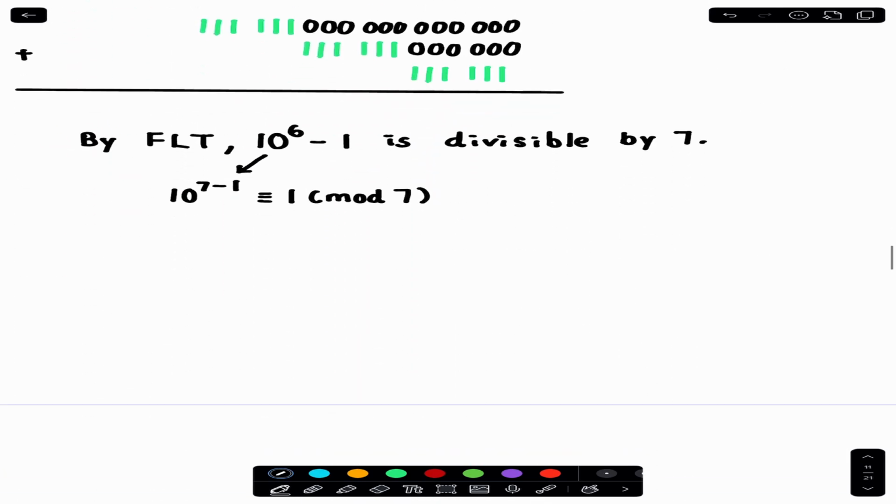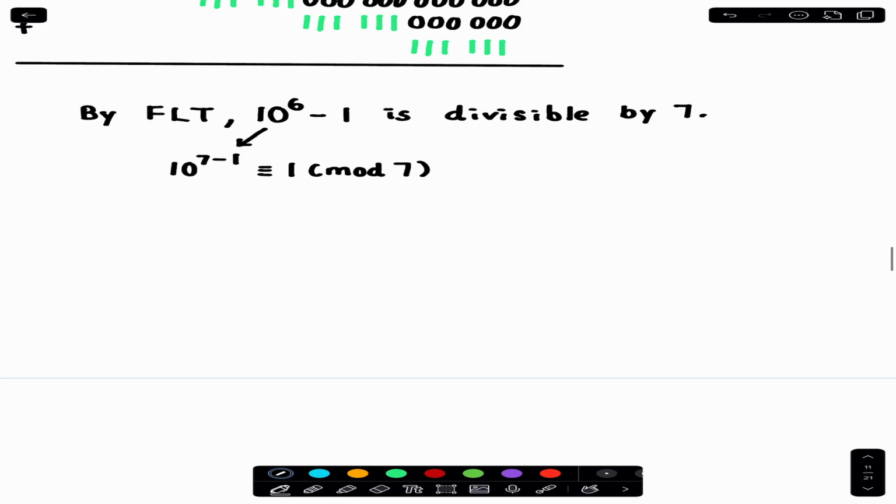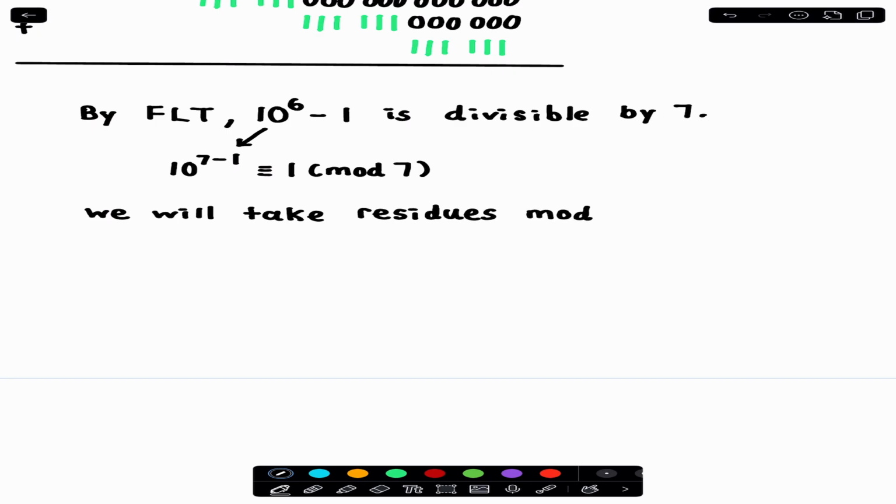So that is the inspiration for the solution. So let us look at this equation modulo 7.